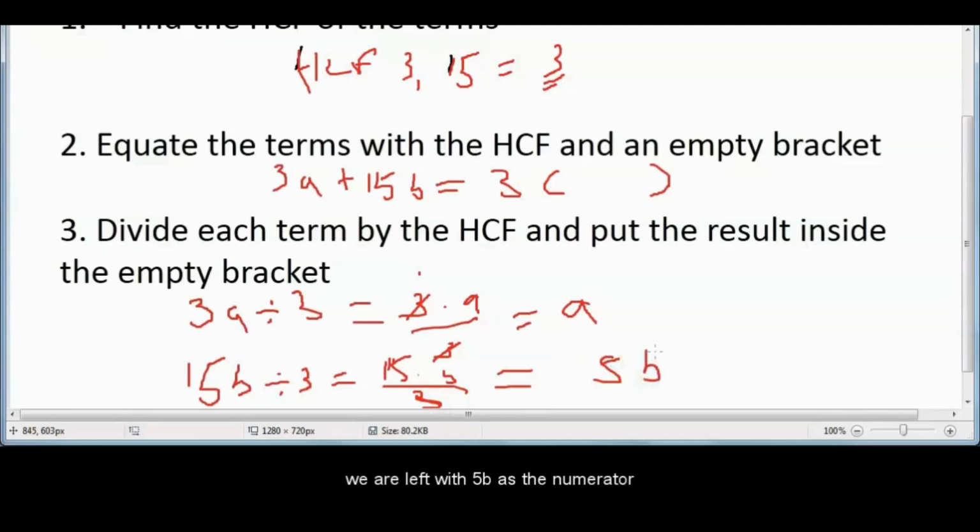We are left with 5b as the numerator. Now let's fill up the empty bracket. We have a and 5b. We are going to write a plus 5b. So 3a plus 15b is equal to 3 open bracket a plus 5b.